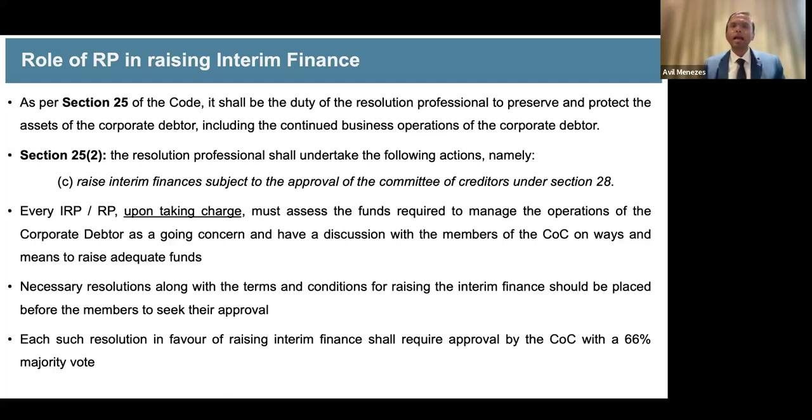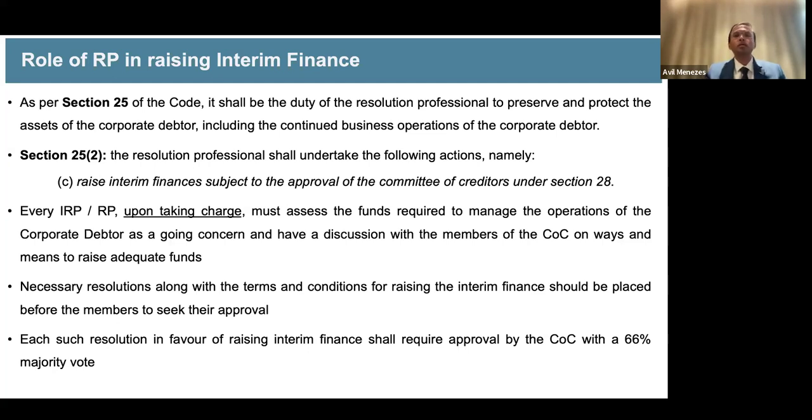So when you make the cash flow and analyze the inflow and the outflow of the funds, every month you will see a shortfall. Whatever is the highest shortfall, that is the amount that you would need as interim finance, because that is the amount which is going to be sustainable for you to work out in the entire CIRP period.